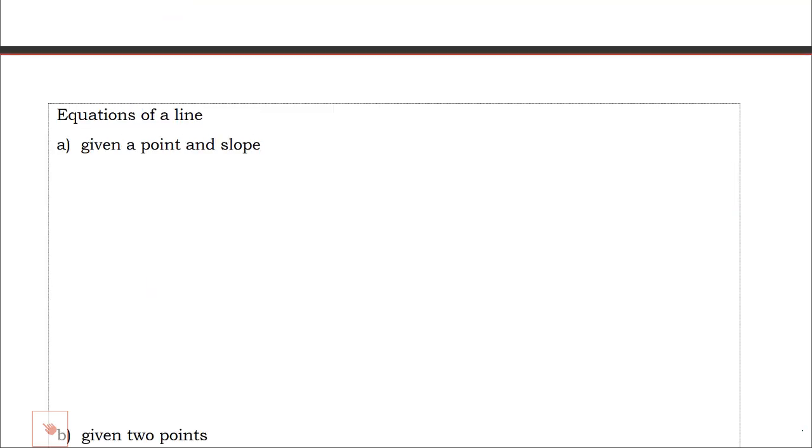So, if I give you a point, and I give you the slope, you should say thank you, because all I have to use is that point slope form for the equation of a line, right? Now there are other versions. There's this one, and that's what?